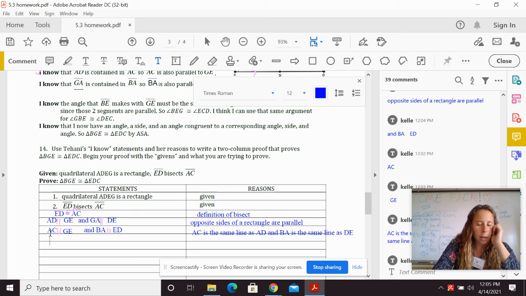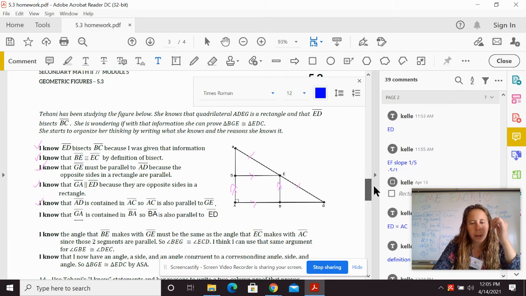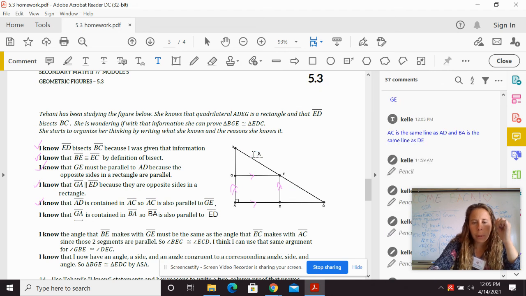Then here's where your corresponding angles come in. So this whole line is parallel to this whole line. What we have is this is our transversal, and these are our two parallel lines that intersect it.